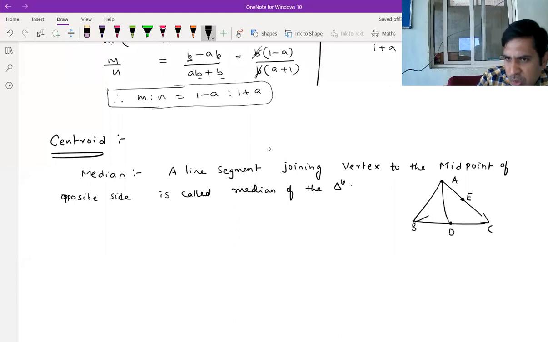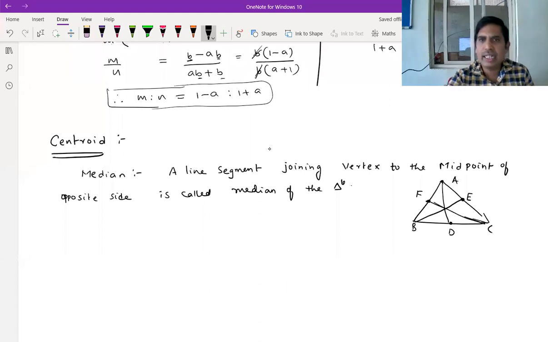Now vertex to midpoint of opposite side. This is one more median. And here is the midpoint of AB, therefore join this one. So therefore CF, this is the median. So therefore, how many medians exist in a triangle? Nothing but 3 medians exist in the triangle.